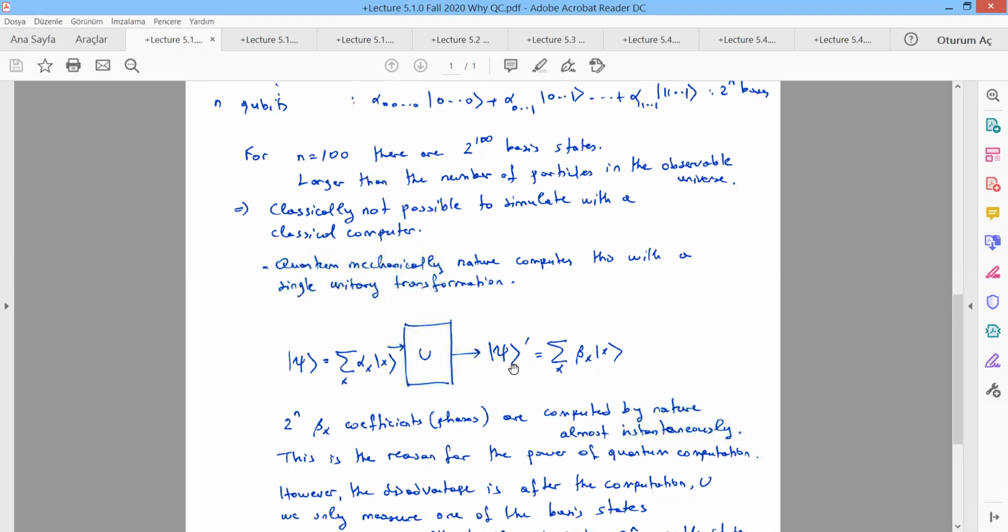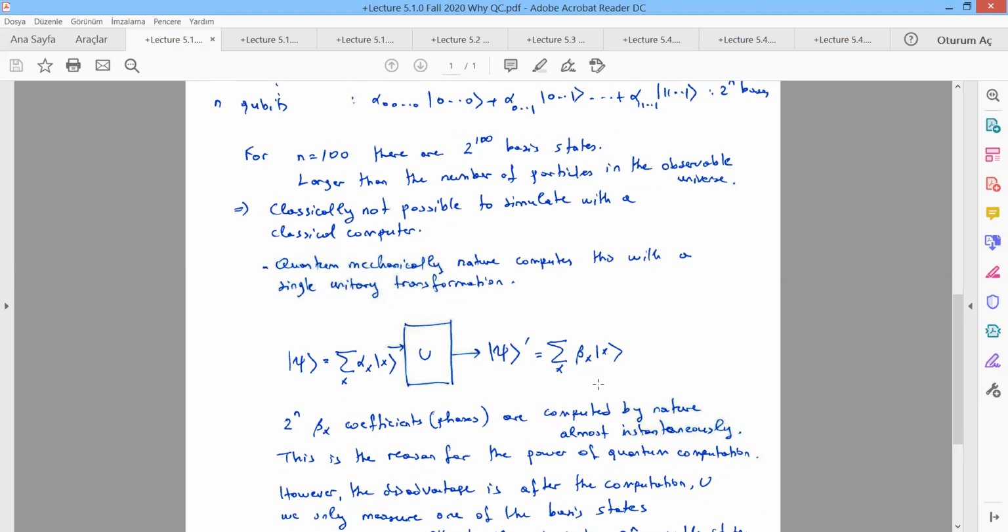As a result, we transform this ket psi state to another quantum state, ket psi prime, but now with different beta sub x coefficients. Again, we sum over all the basis states, 2 to the n of them, but now this circuit transforms alpha sub x to beta sub x, 2 to the n different complex coefficients.